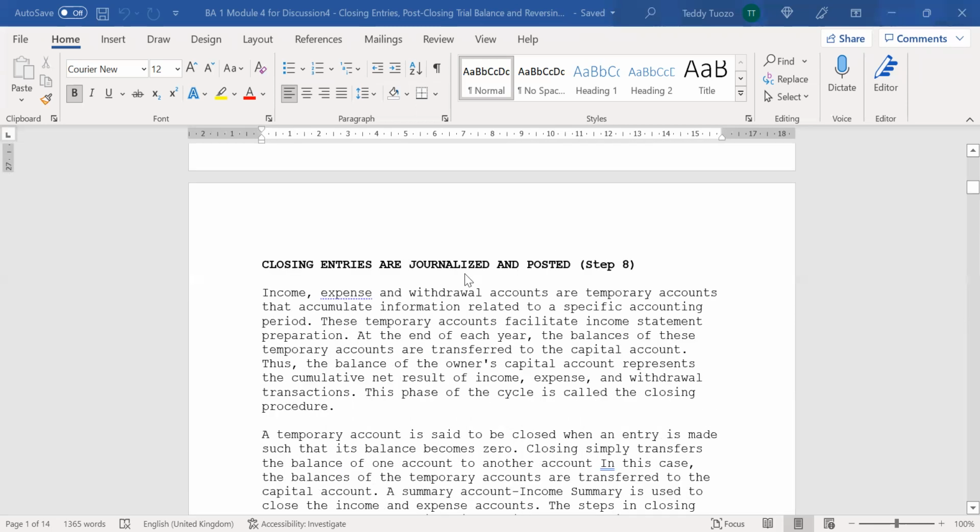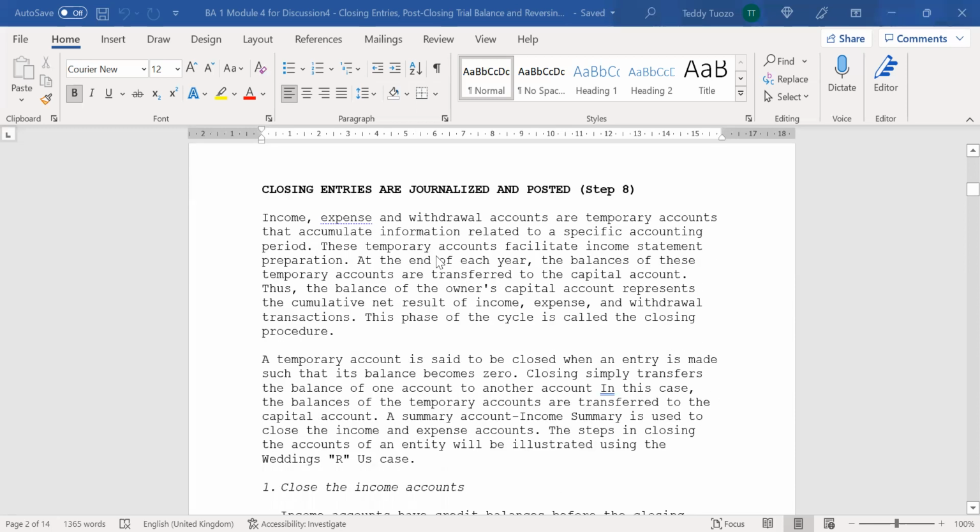Next would be step number 8. Closing entries are journalized and posted. Here, income, expense, and withdrawal accounts are temporary accounts. I have already discussed this to you, that the balance sheet accounts, or the statement of financial position accounts, are permanent accounts, also called real accounts, because they are not closed at the end of an accounting period.